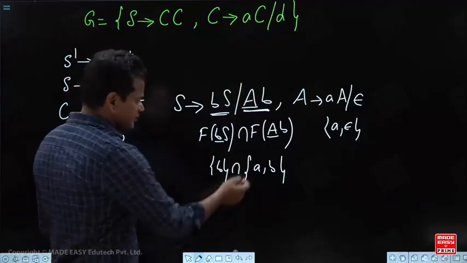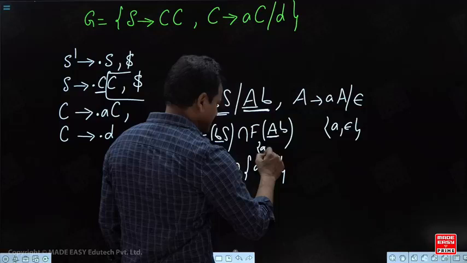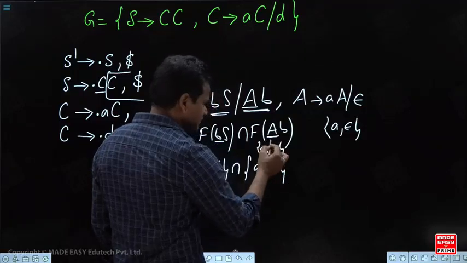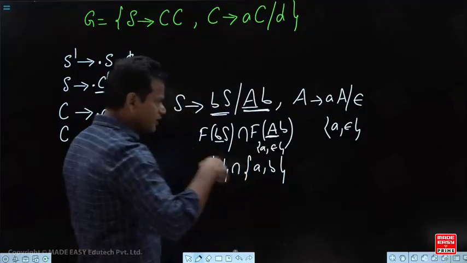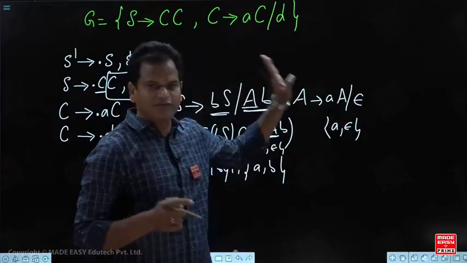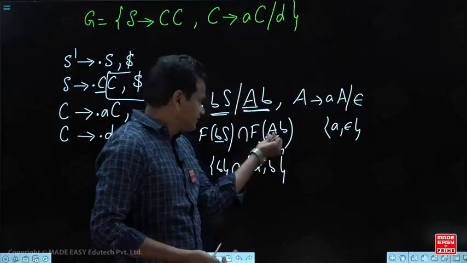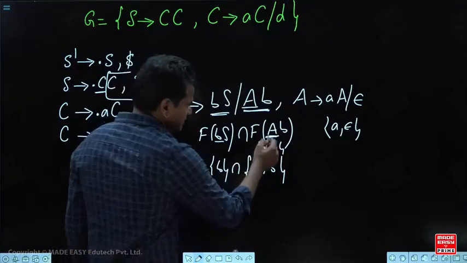After explanation only, I wrote like this. Whenever you are finding the first of A, if you directly get epsilon, we will take it. But when you are finding first of another one, here first of capital A is A comma epsilon.